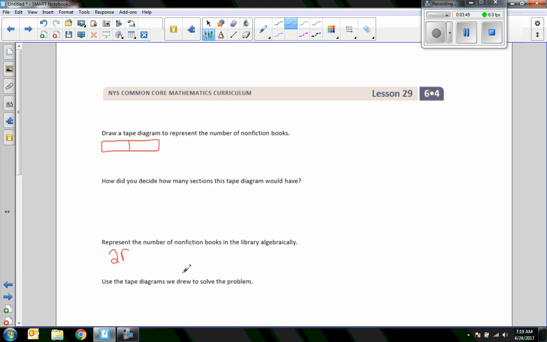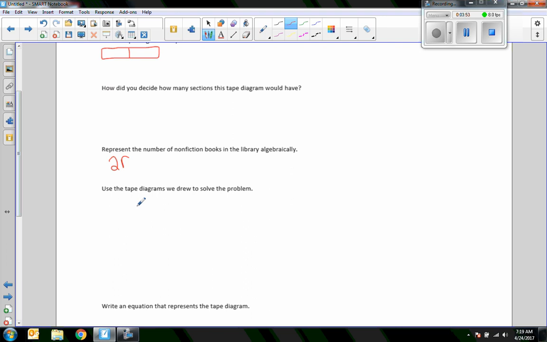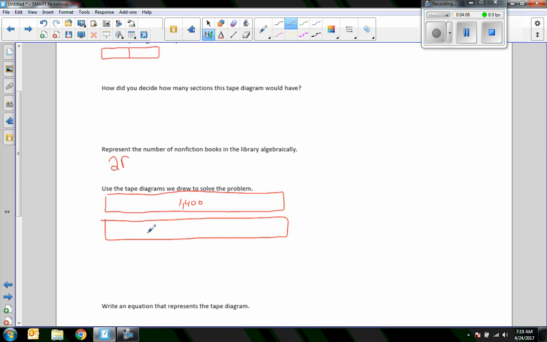It says use the tape diagrams we drew to solve the problem. So if we start out with that original tape diagram we had, that was our total, 1,400. And we're going to split that up among the resource, fiction, and nonfiction. And if this is R, and then 1, 2, 3, 4 of them would be 4R.